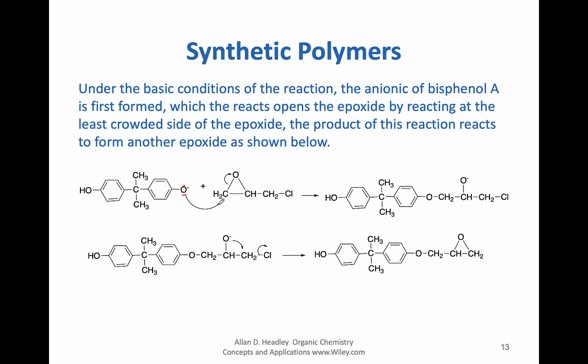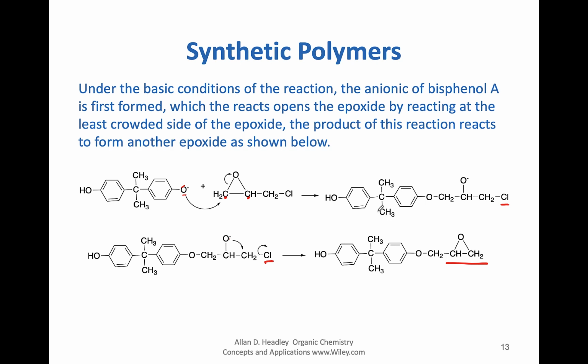In a basic medium, the oxirane will be attacked at the least hindered carbon. Here's the least hindered carbon. This one is more crowded. So it attacks here and it opens up. We have a leaving group left here. So we have a nucleophile and a leaving group, so we can form another epoxide again.